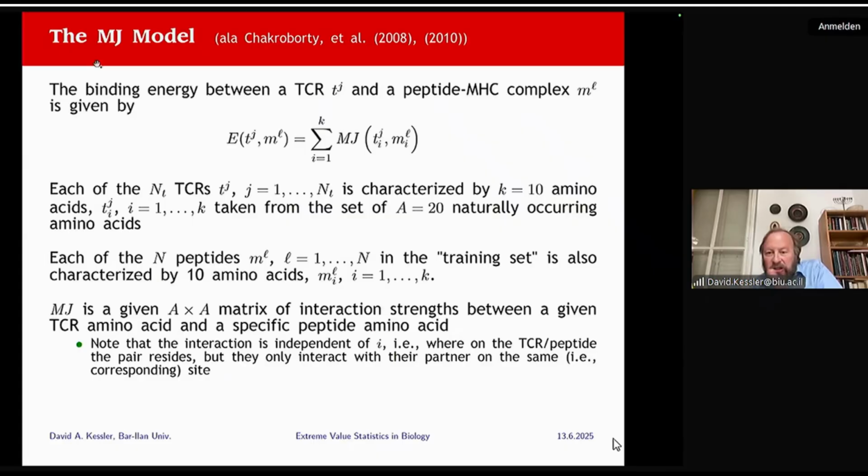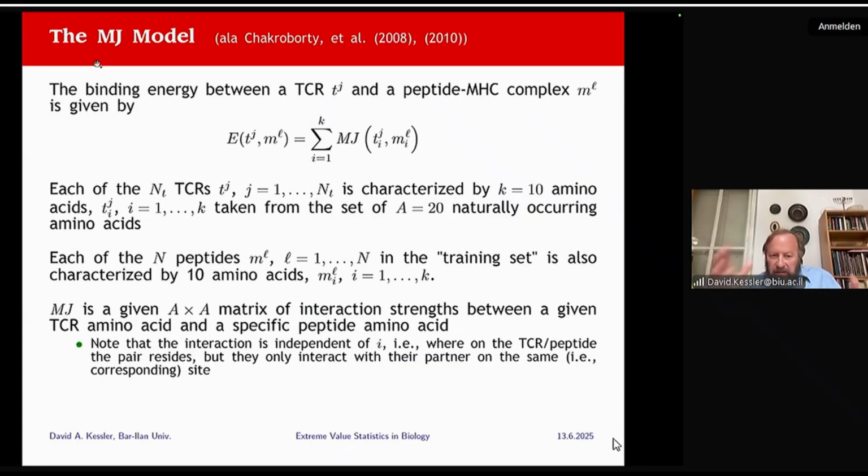There are 10 spots in the TCR, so there are 10 different amino acids belonging to the TCR, and there are 10 different amino acids belonging to the peptide, and there's an interaction matrix which is assumed, which is a function of which amino acid sits on the TCR and which amino acid sits on the peptide. And then it's just a sum of those interactions, so there's no crosstalk between different sites on the TCR.